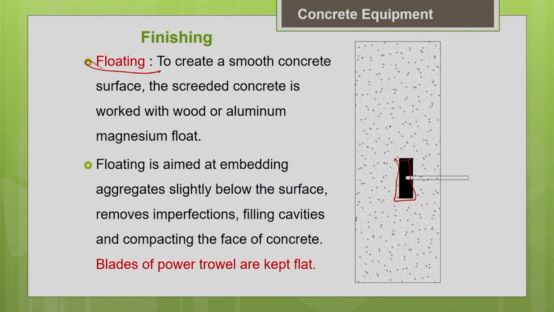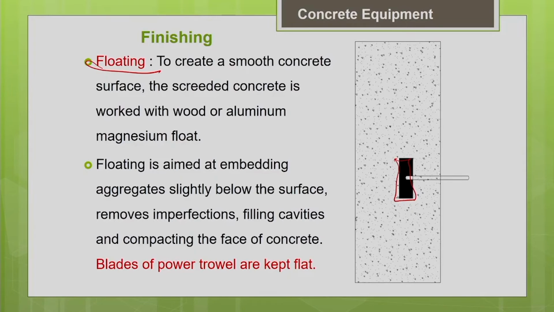If there is any protruding aggregate, you push it inside and level it. If there are any undulations or differences in level, you can level them, and fill any cavities or voids. That is the main purpose of floating.